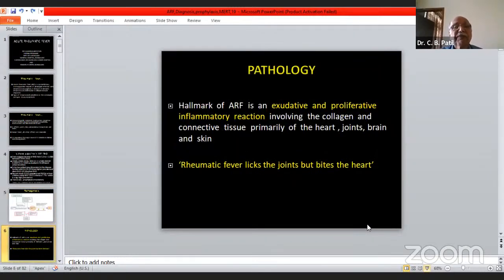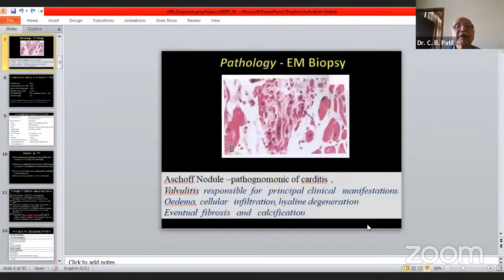The hallmark of acute rheumatic fever is an exudative and proliferative inflammatory reaction involving the collagen and connective tissue, primarily of the heart, joints, brain, and skin. Hence it is said that rheumatic fever licks the joints but bites the heart. What is the main pathology?